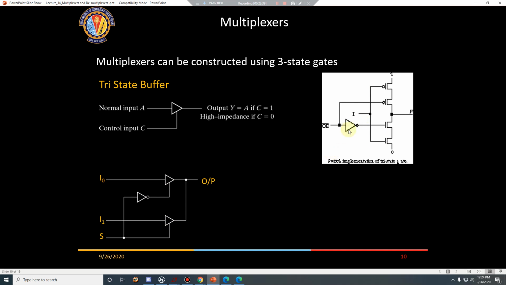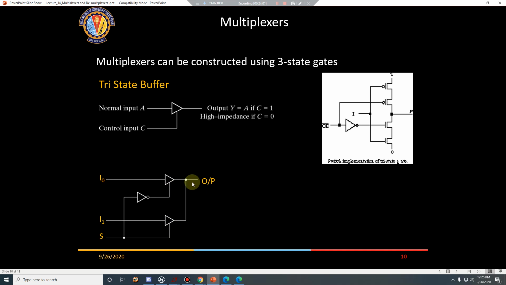Sir, what is high impedance actually? I didn't understand, because it is neither 1 nor 0. So what is it? You can assume there is no wire here. So the output will be 0? No, the output will be decided by somebody else.